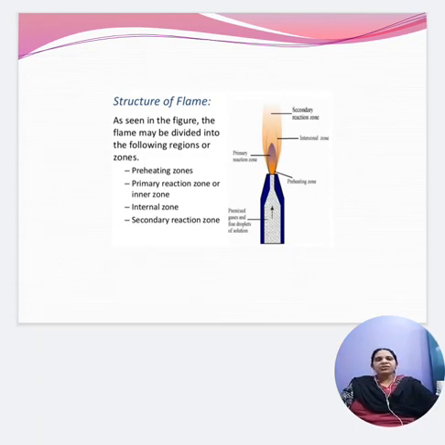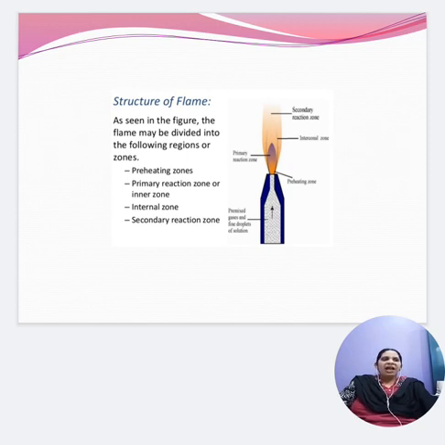Then coming to the structure of the flame, which is very important in flame photometry. As seen in the figure, there is a burner and a flame is being produced.